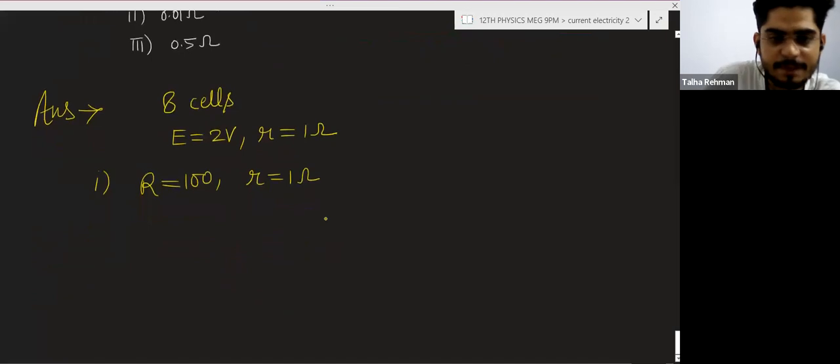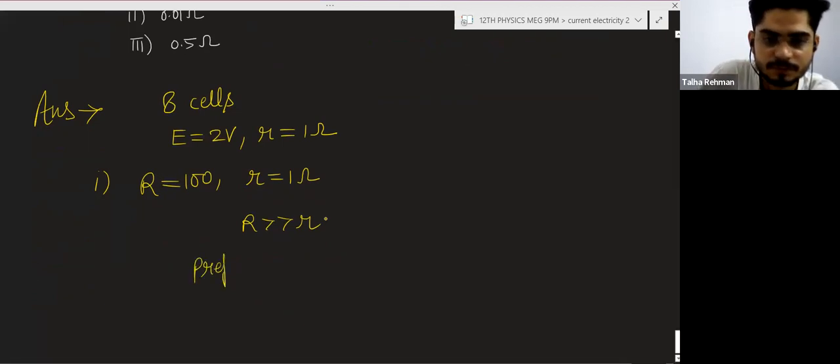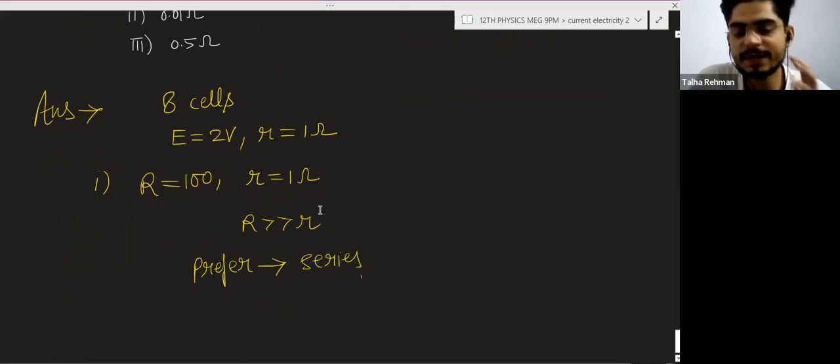So capital R is much greater than small r, then you can prefer series combination of cells. So you will connect all the 8 cells in series.